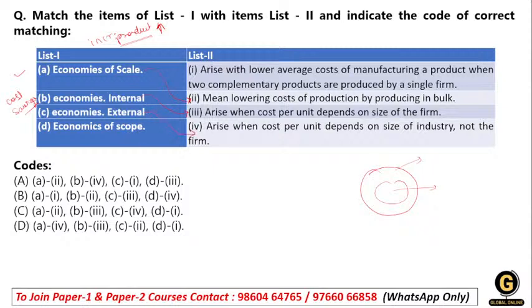Now economies of scope. Economies of scope arise when there is a lower average cost of manufacturing a product when two complementary products are produced by a single firm. It occurs when a firm or industry produces multiple products in the market, efficiently using shared resources, which helps reduce the cost.